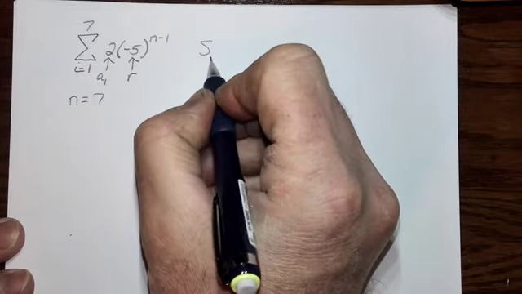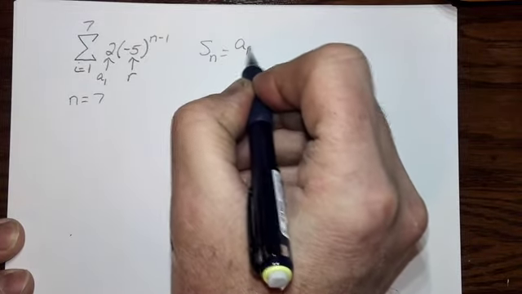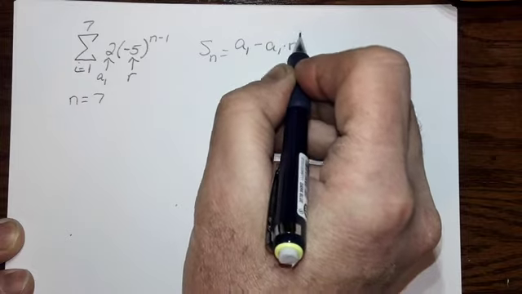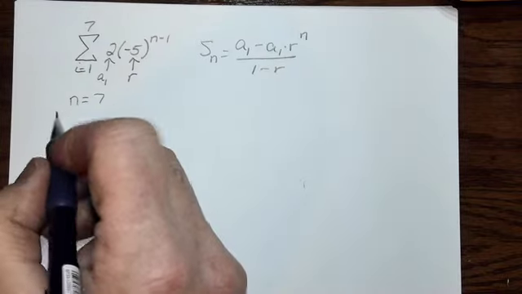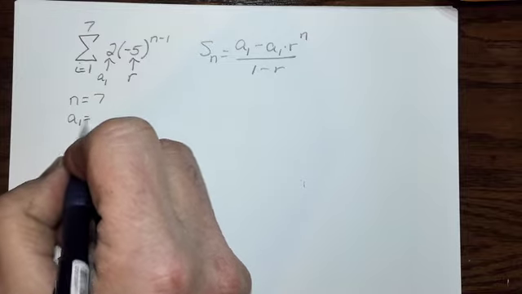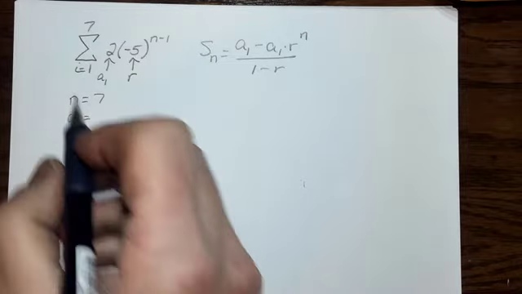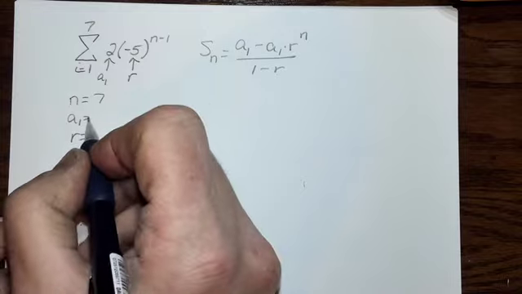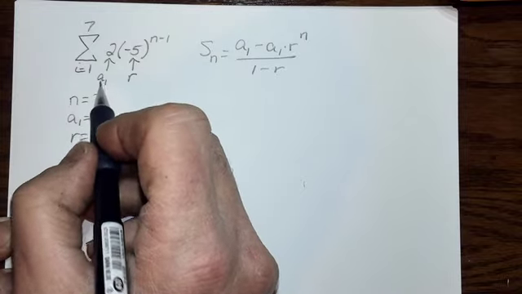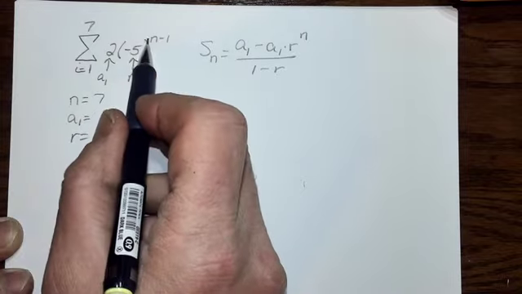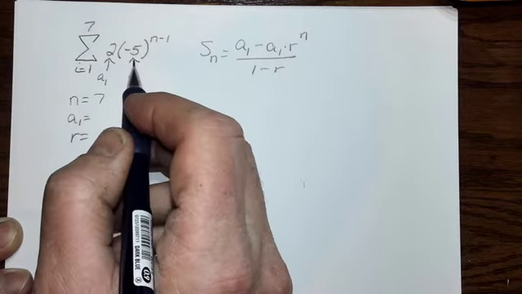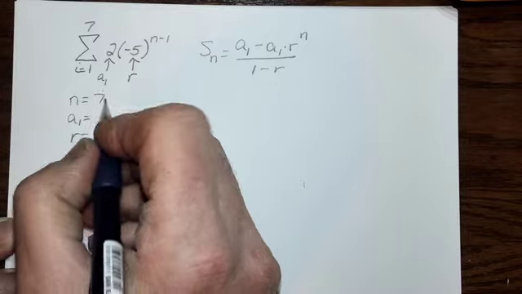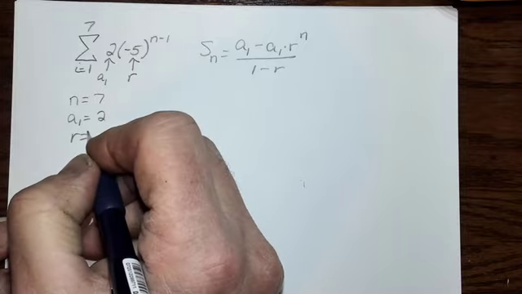And again, for our formula, a1 minus a1 times r to the n over 1 minus r. The 3 things I need are n, a1, and r. Well, I have those things, right? So a1, if I put 1 in there, 1 minus 1 is 0. This to the 0 power is 1, and 1 times 2 is 2.